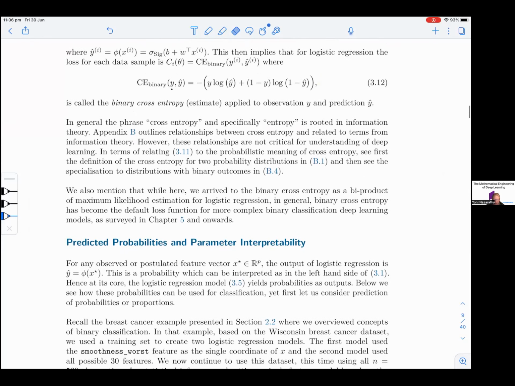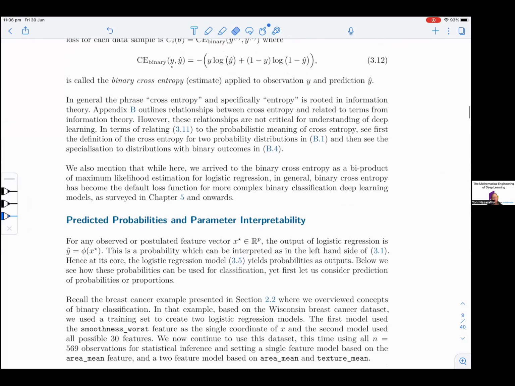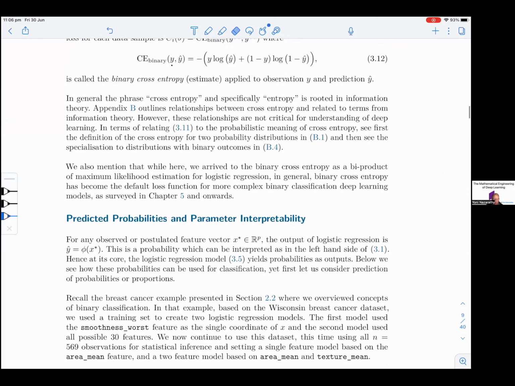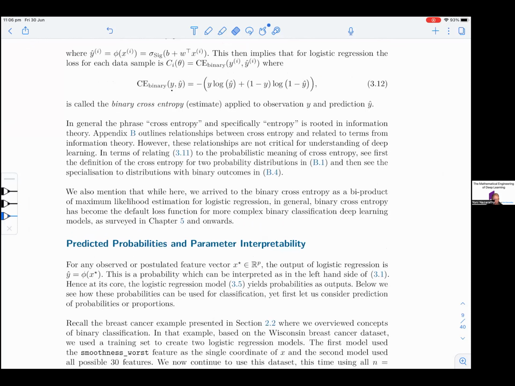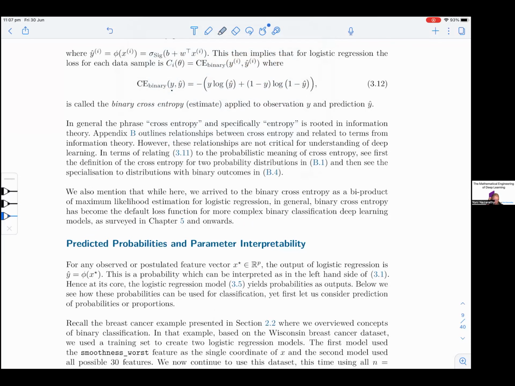In general, the phrase cross entropy, and specifically entropy, is rooted in information theory. Appendix B outlines relationships between cross entropy and related terms in information theory. However, these relationships are not critical for understanding of deep learning.